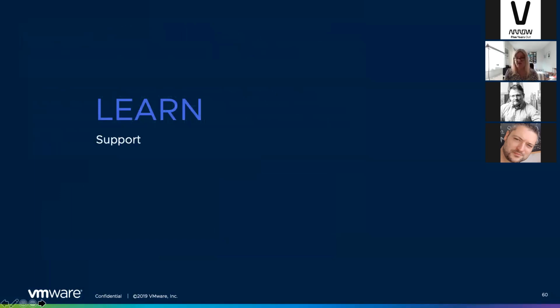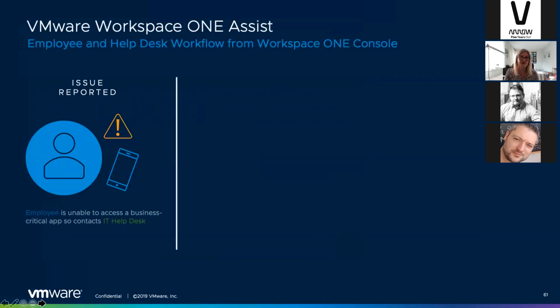Support. People need support regardless of how cool Workspace ONE Unified Endpoint Manager is. They will need support at some point, and what we can do is use Workspace ONE Access to help with that. We have an employee here who is unable to access a business critical app, so they contact the IT Help Desk.